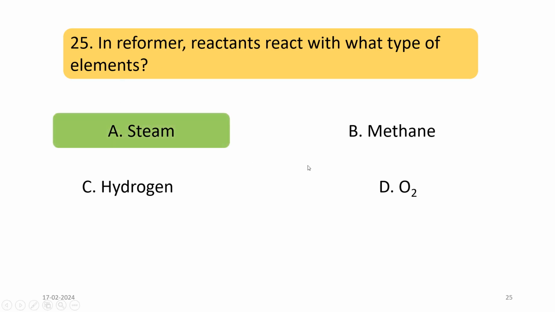The answer would be steam and oxygen. When something is reacted with steam and oxygen, we call it a reforming reaction. This is a multiple select option, so this will be steam and oxygen.